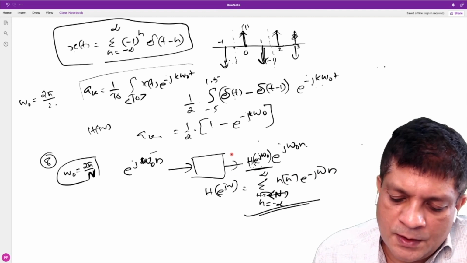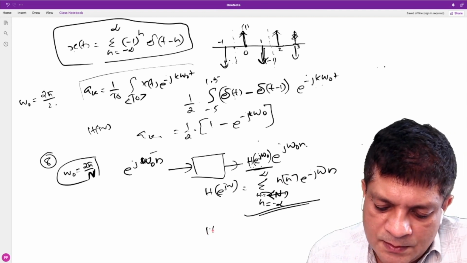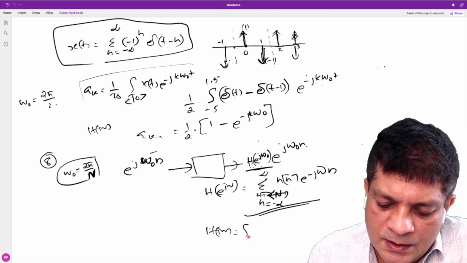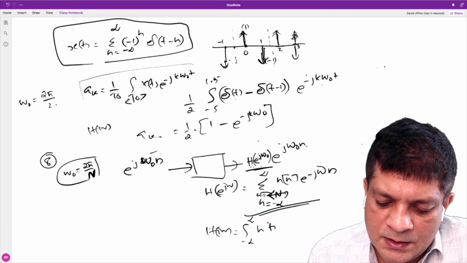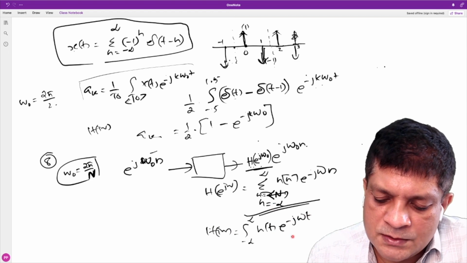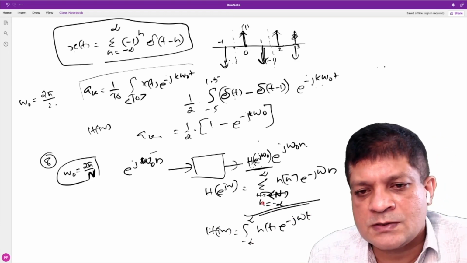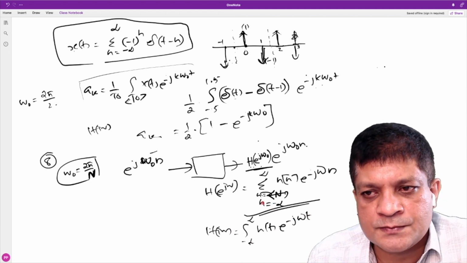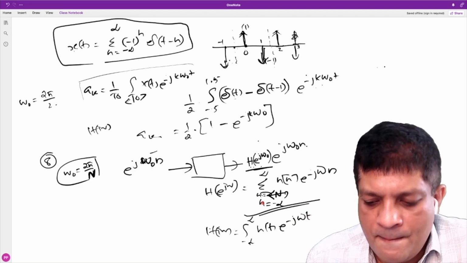It is similar to the continuous time system. For a continuous time system, H(j omega) is the integral from minus infinity to infinity of h(t) e to the power minus j omega t. So here, instead of that integration, it is a summation. That is the only difference. Okay.